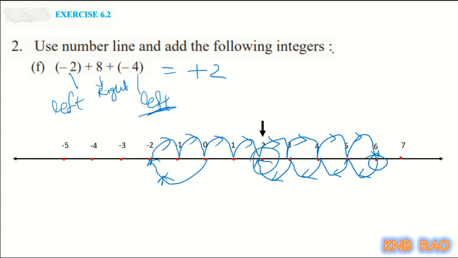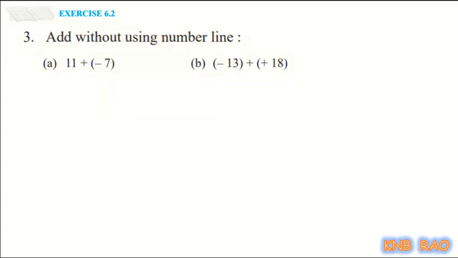We'll now get into the question number 3. Now in the question number 3, without using number line, so we should not use number line, and we are supposed to do these additions. How to do 11 added to minus 7? So see students, here we will do it just like whole numbers only. Here we can do imagining number line.